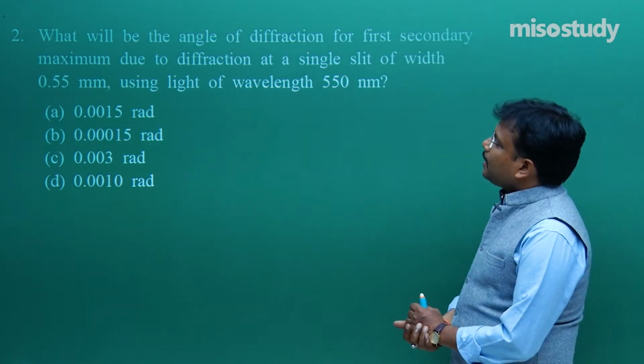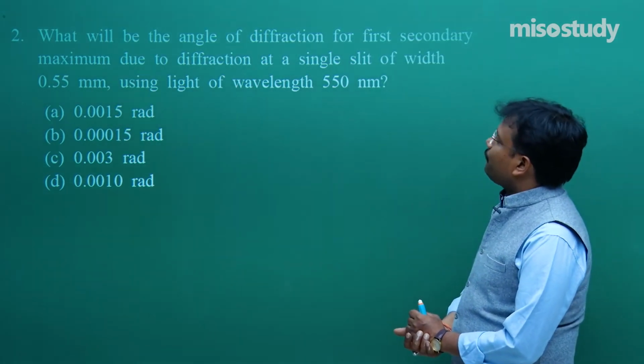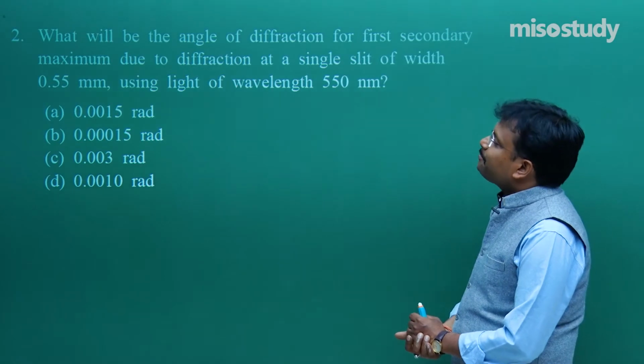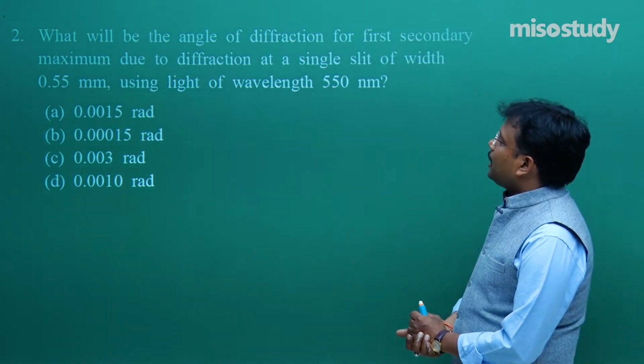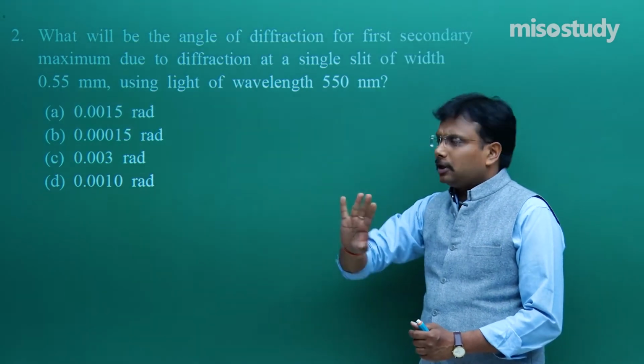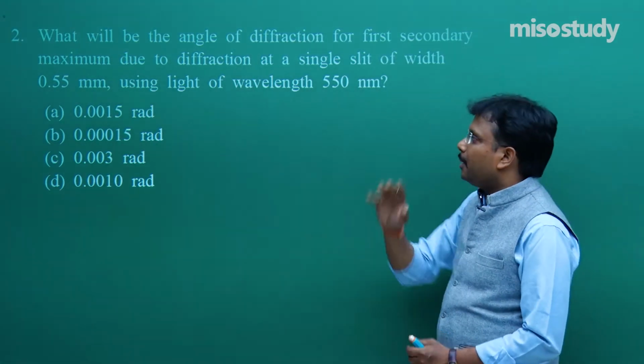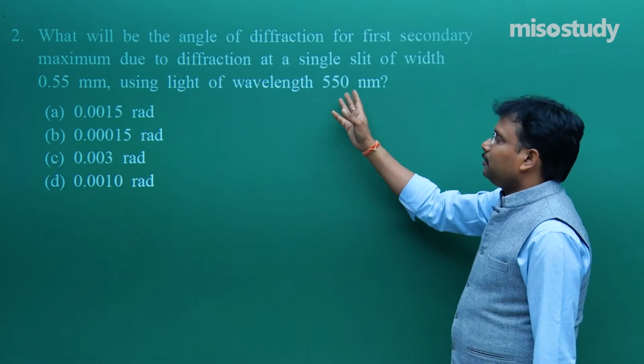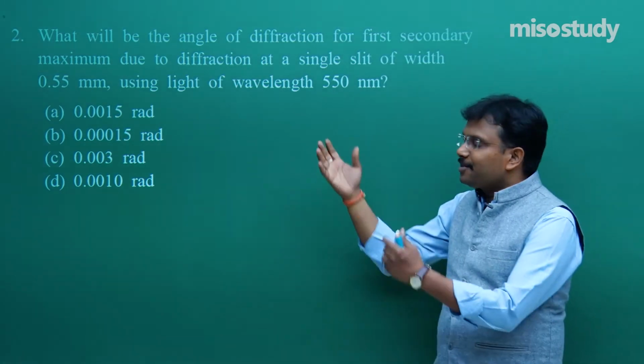What will be the angle of diffraction for first secondary maxima due to diffraction at a single slit of width d mm? For the time being, no need to recall the number, using light of wavelength lambda. Now, what exactly is the question?